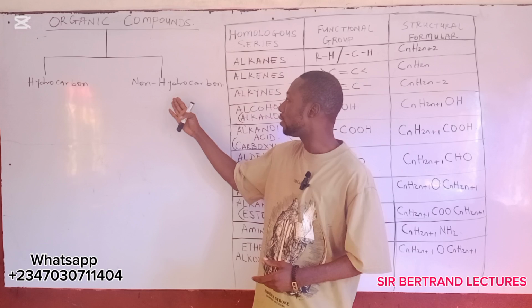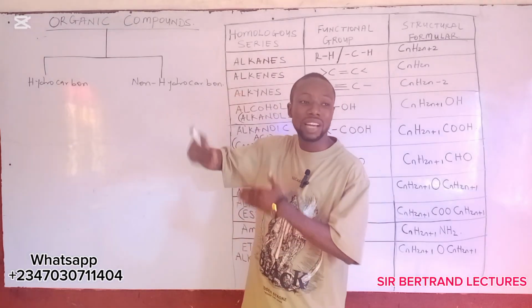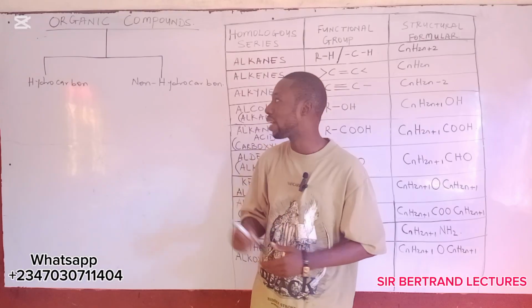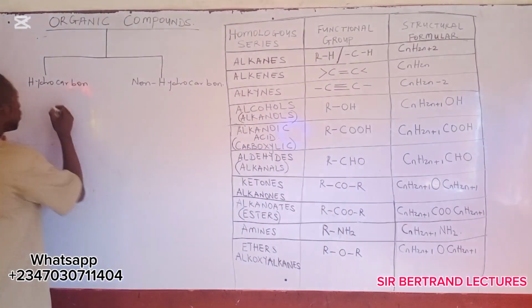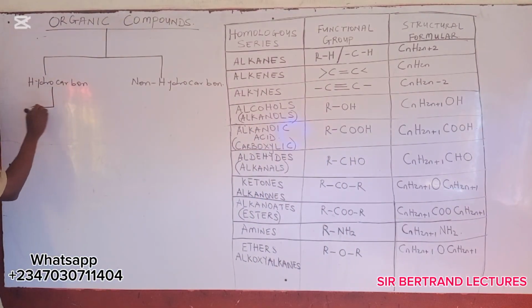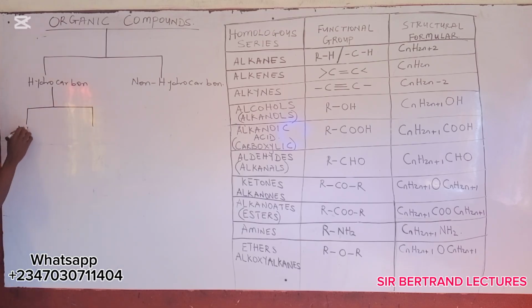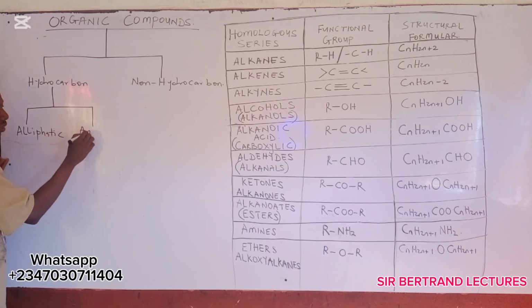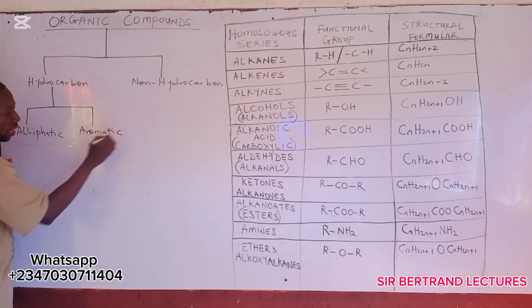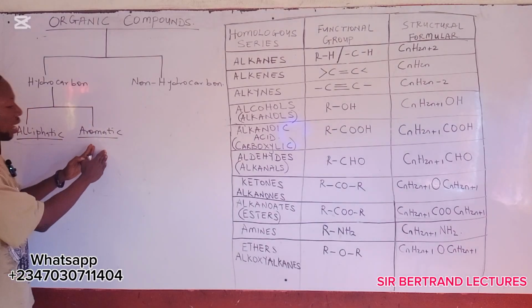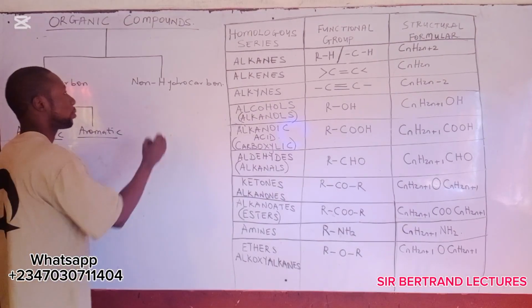Now the hydrocarbon here is categorized into two. We have aliphatic and aromatic hydrocarbons.